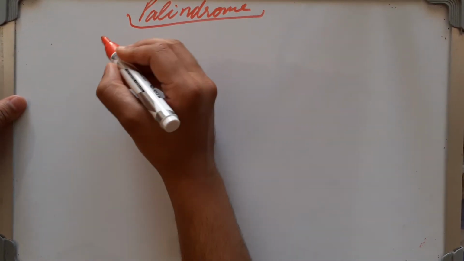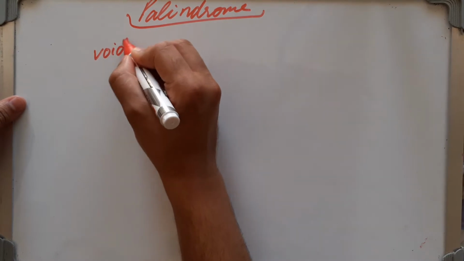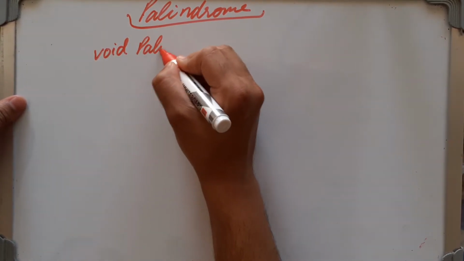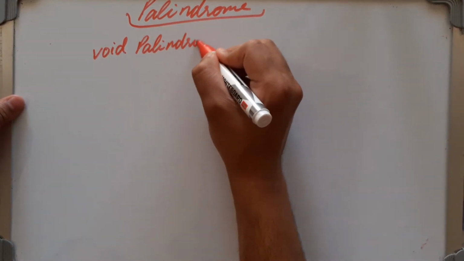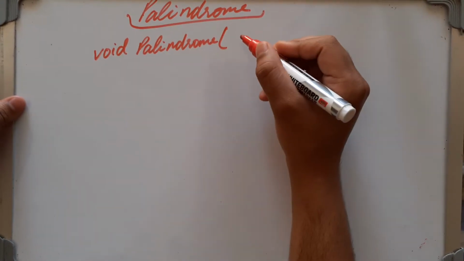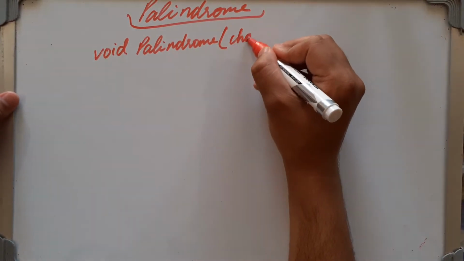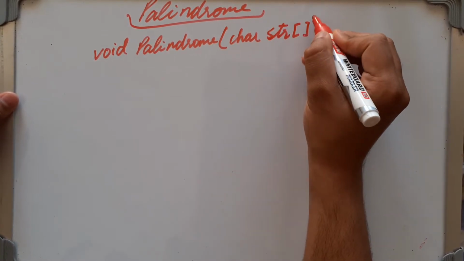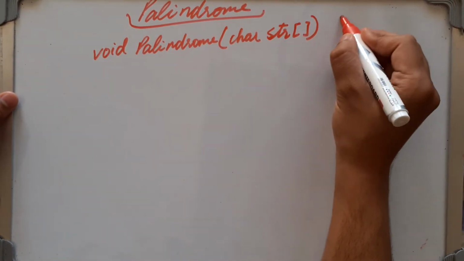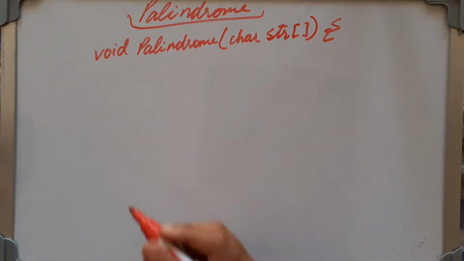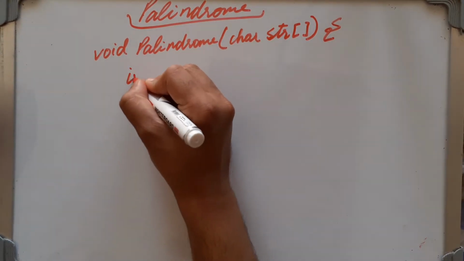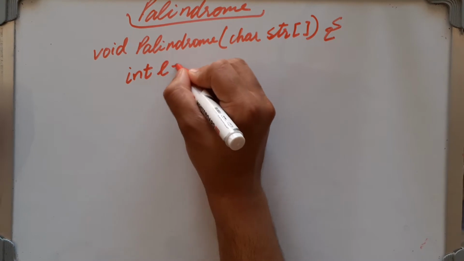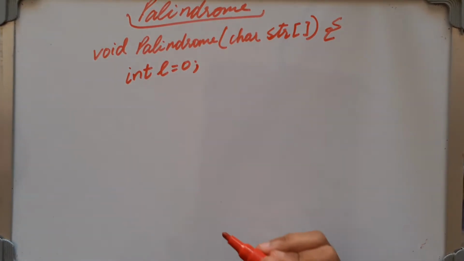Okay, first we are going to take a function. The name of that function is palindrome, in which we are passing a character array. Earlier I told you that a character array is a string in C. Now we take a variable int L equals 0.